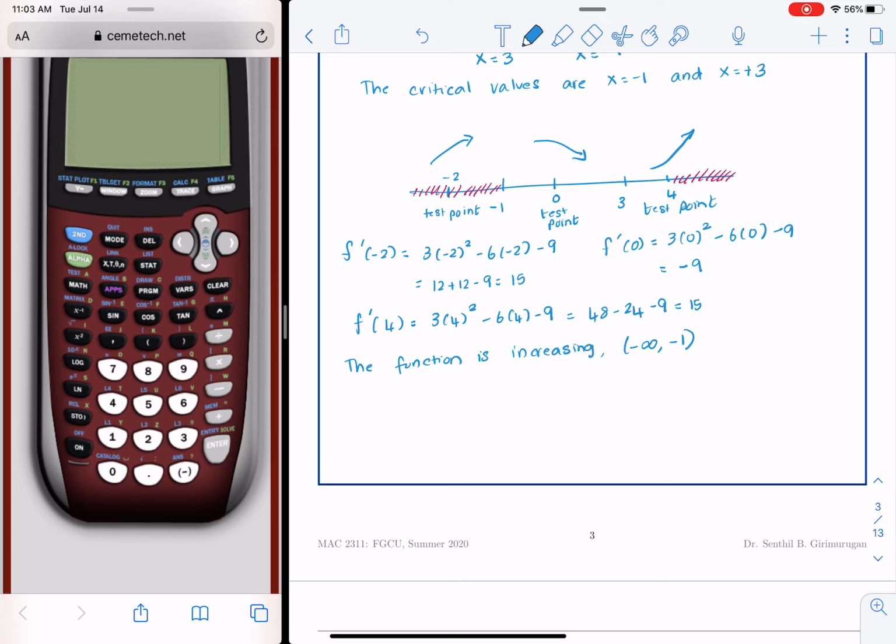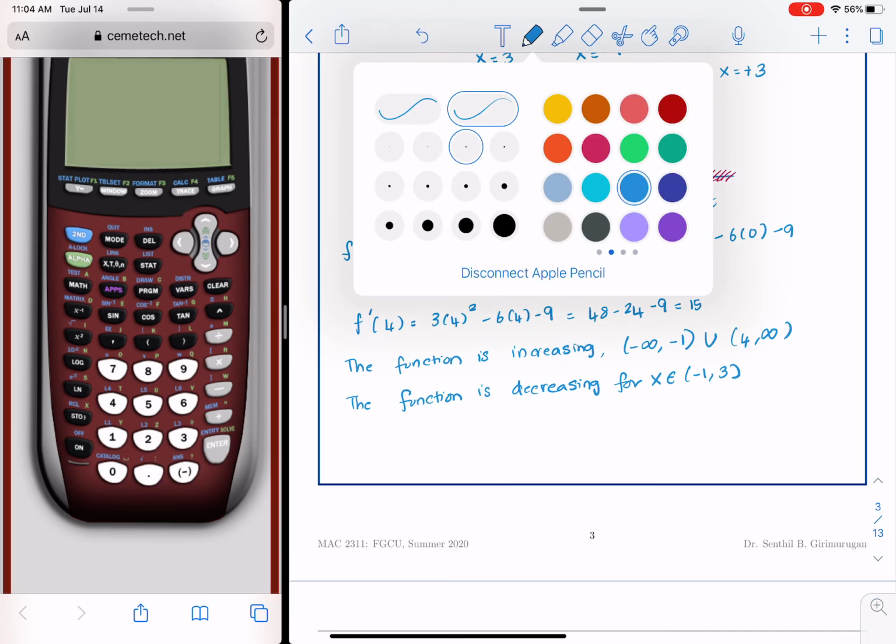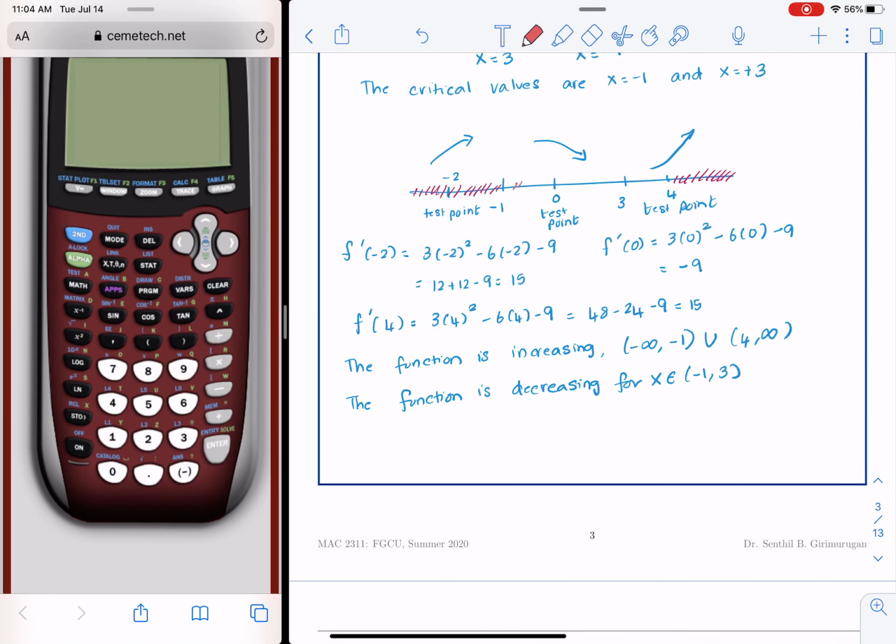You cannot put closed brackets because we cannot take the derivative at an endpoint. So which is why I put open brackets. Union 3 all the way up to infinity. The function is decreasing for x in negative 1 to 3. So that would be over here. That is the decreasing interval.